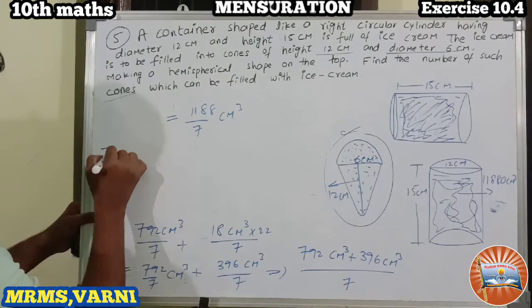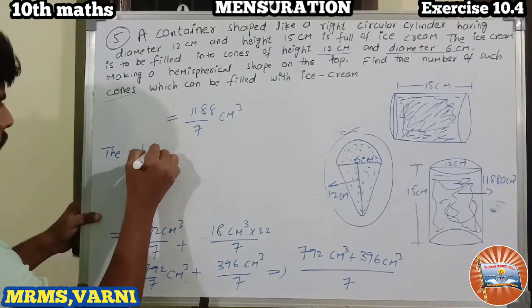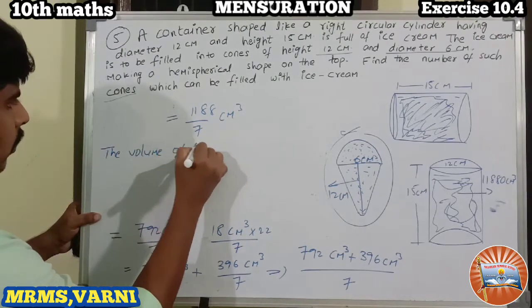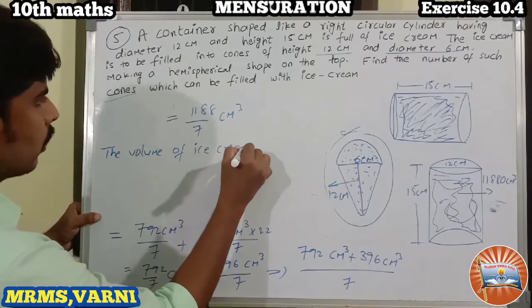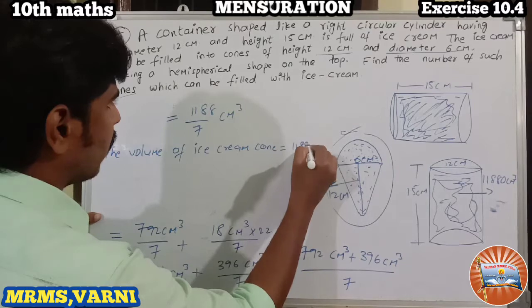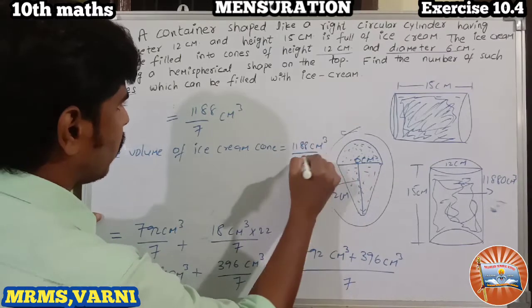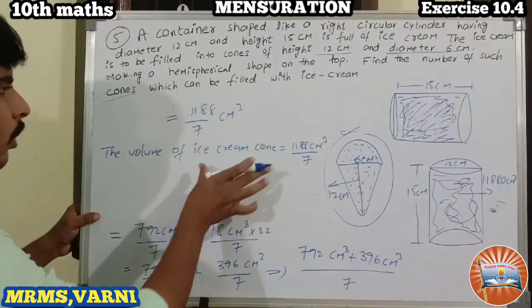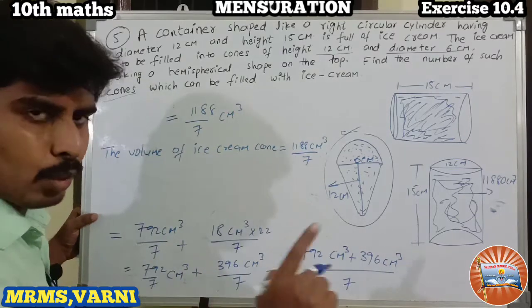The volume of one ice cream cone is equal to 1188 centimeter cube by 7.